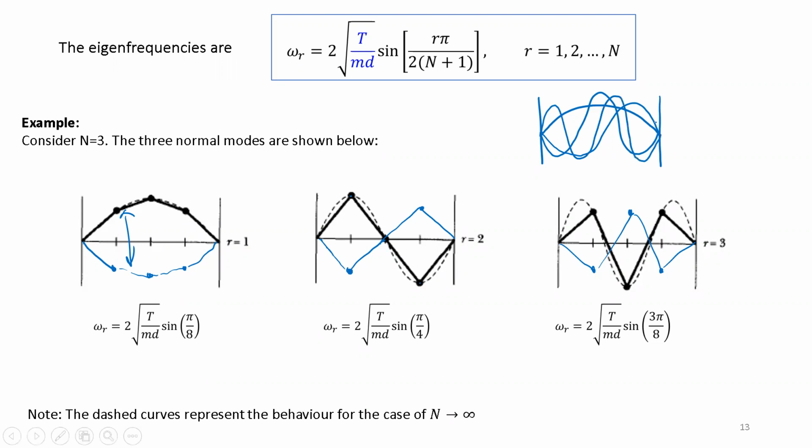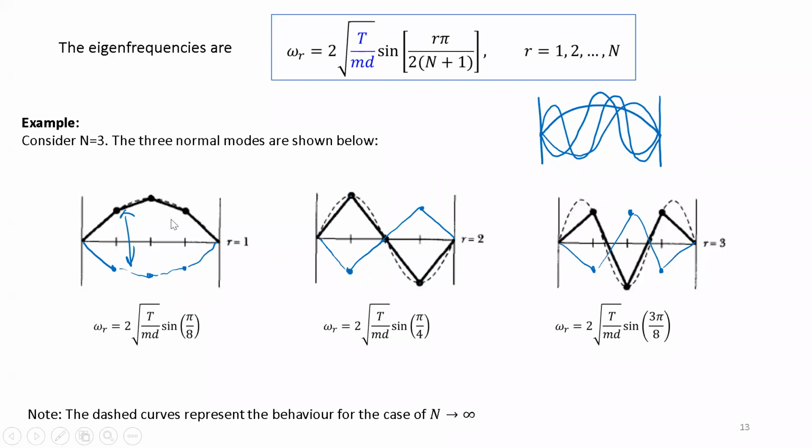If you really have a continuous string, you don't just have these three modes, you have infinitely many modes actually, with more and more nodes. So here we only have three because we have three particles only.